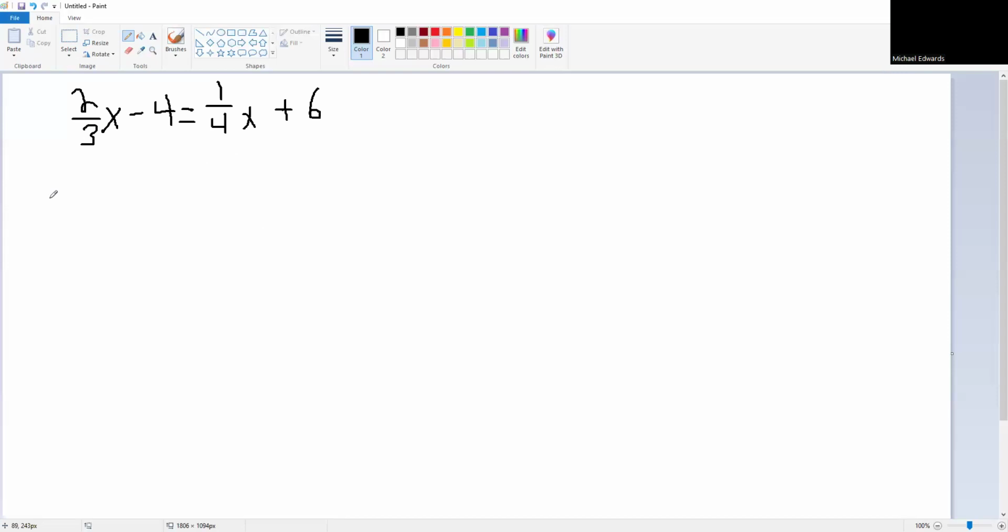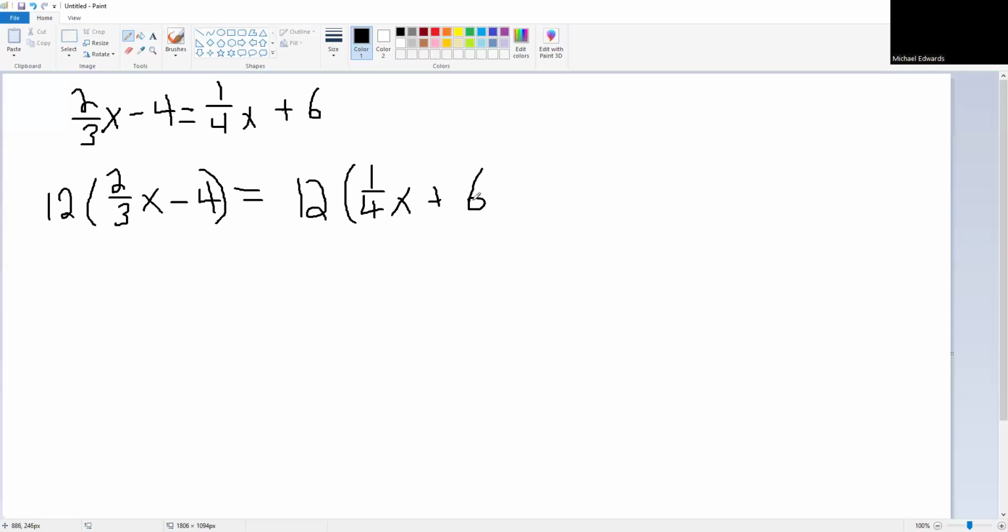So that's basically what we're going to do, we're going to multiply 12 into each side. What you do to one side, you've got to do to the other. And then we'll just use distribution to get rid of the fractions here.